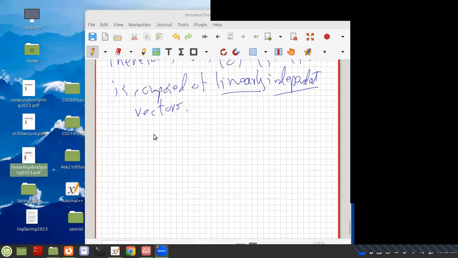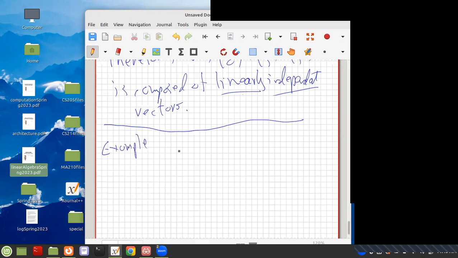Let's go and check an example when not linearly independent. So the vectors now are going to be linearly dependent.